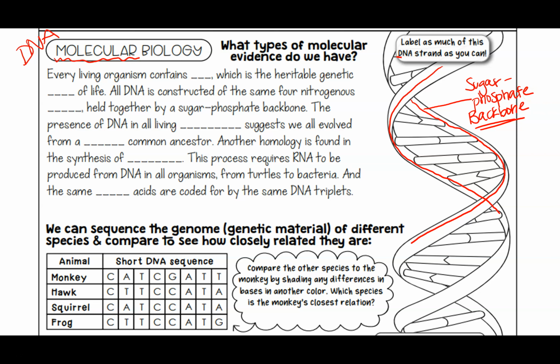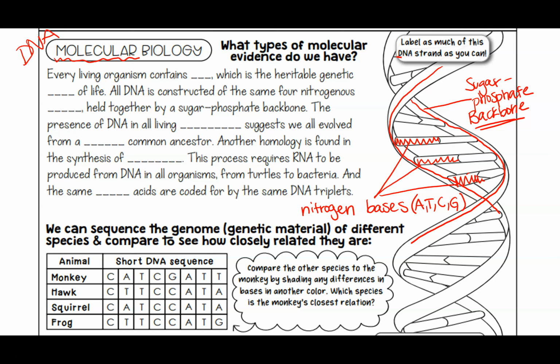Now what about the other things? All of these right here, all of those, those are bases. Specifically nitrogen bases. So remember A, T, C, G, that's what those are.